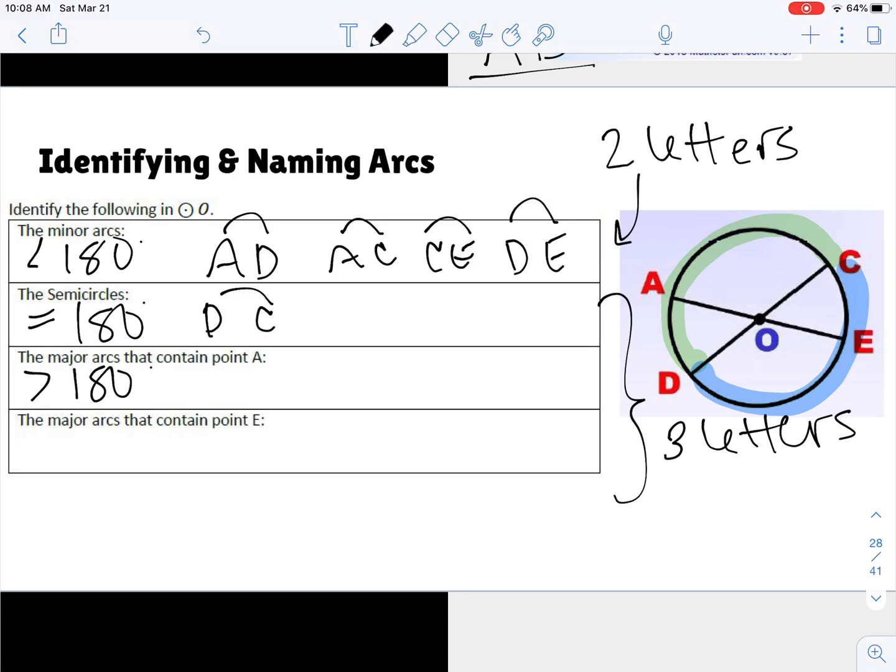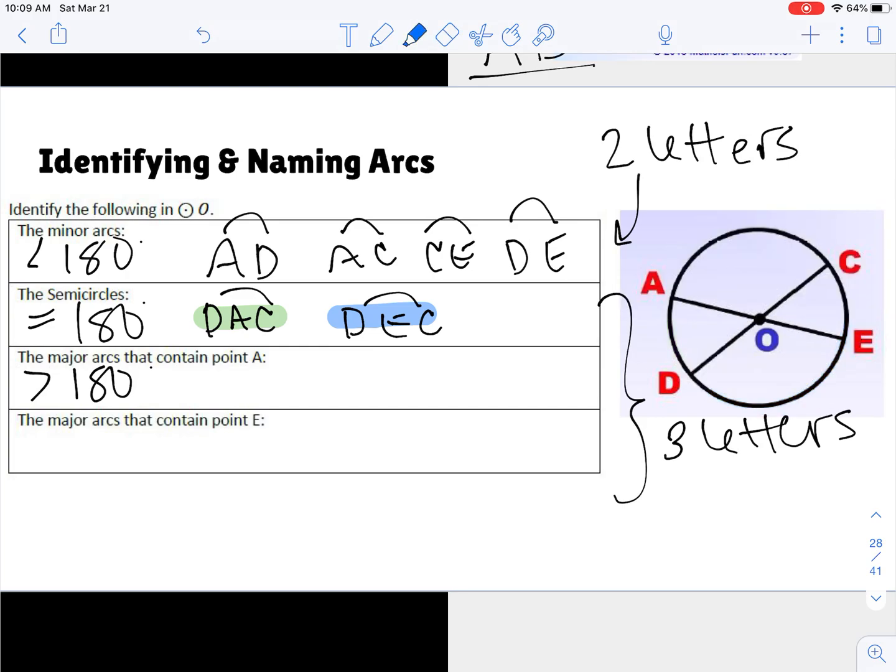Therefore, we need a third letter to tell the direction. So arc DAC would be the green guy, and then arc DEC would be the blue guy. So it's important that we use three letters when it's a semicircle or a major arc. Only minor arcs use two letters. There's also two other semicircles in this picture.